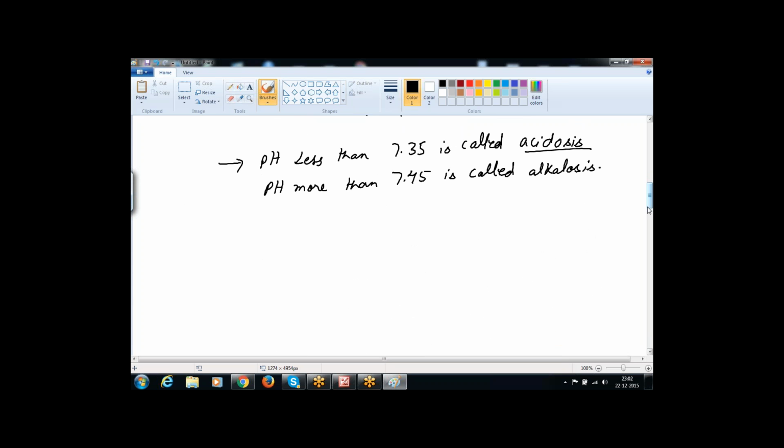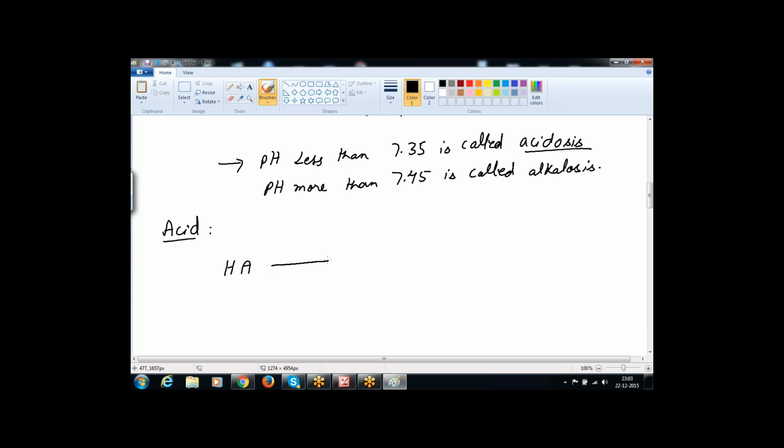Now we will go a little bit into the chemistry. Firstly, what an acid is. You must have studied in your lower grades. An acid is something which releases H positive. So let's say HA is a hypothetical acid, just an example.